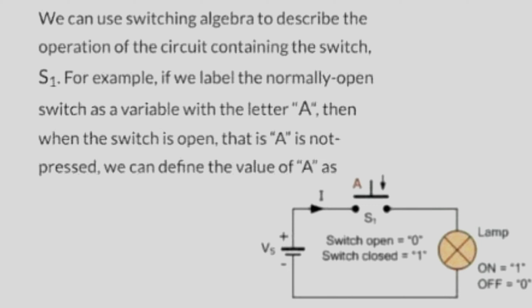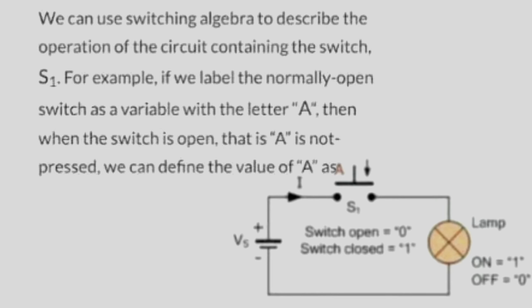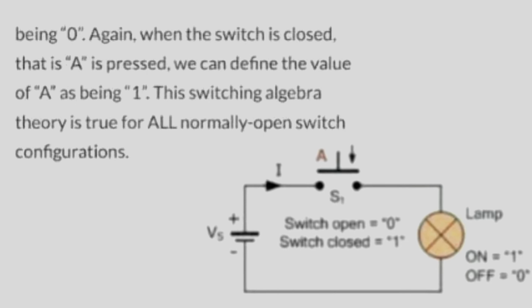We can use switching algebra to describe the operation of the circuit containing the switch S1. For example, if we label the normally open switch as a variable with the letter A, then when the switch is open, that is A is not pressed, we can define the value of A as being 0.